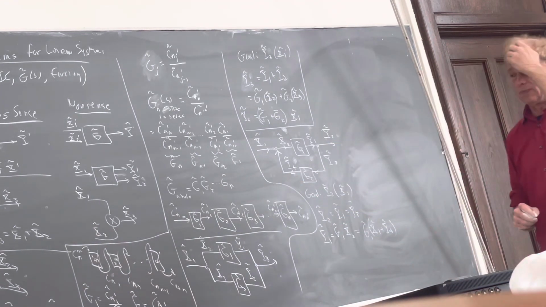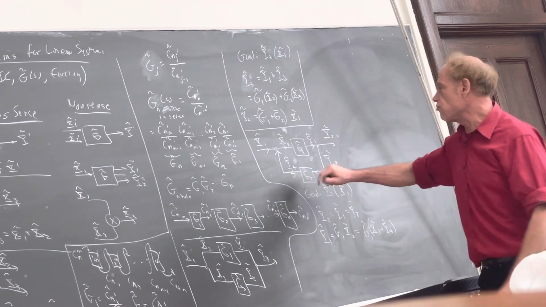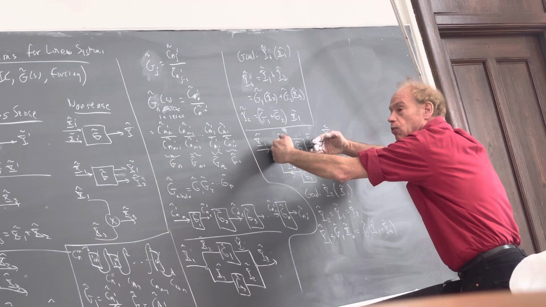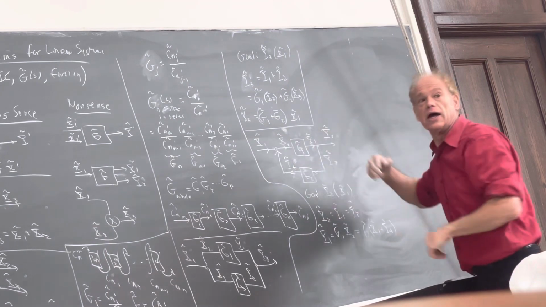Okay, I'm getting somewhere. Now I'm going to figure out what y4 is. Let's focus on this part of the picture. I've got y3, g2, and y4. What does that look like?